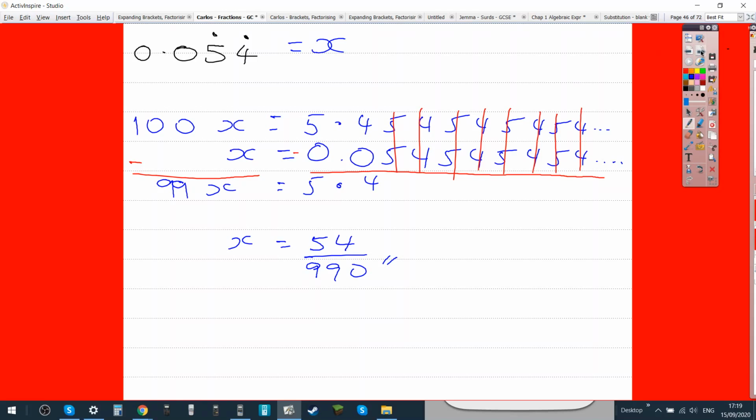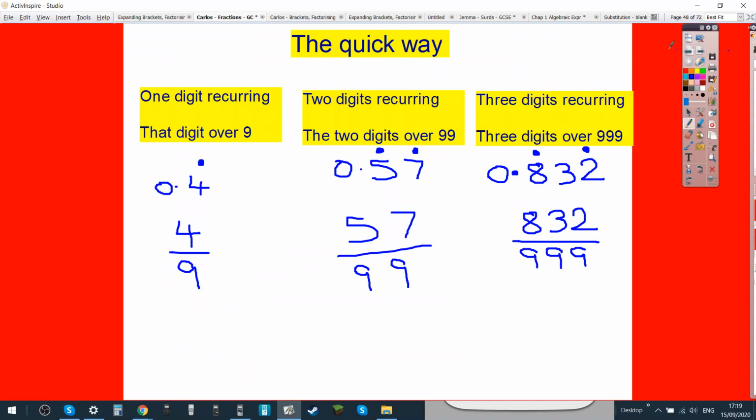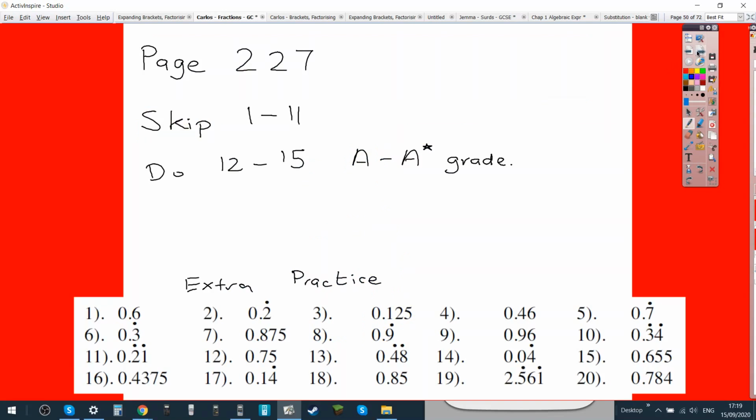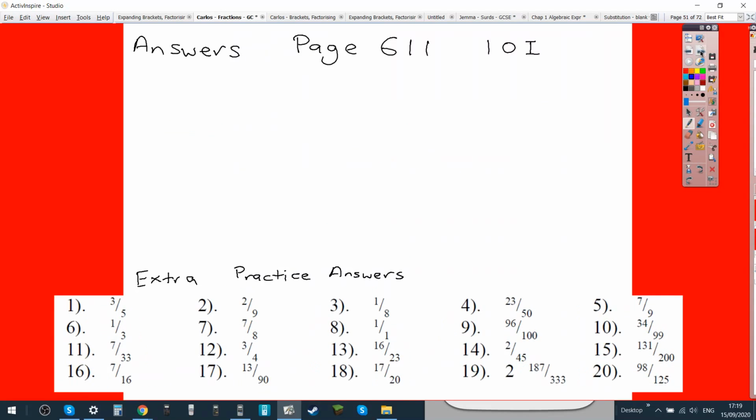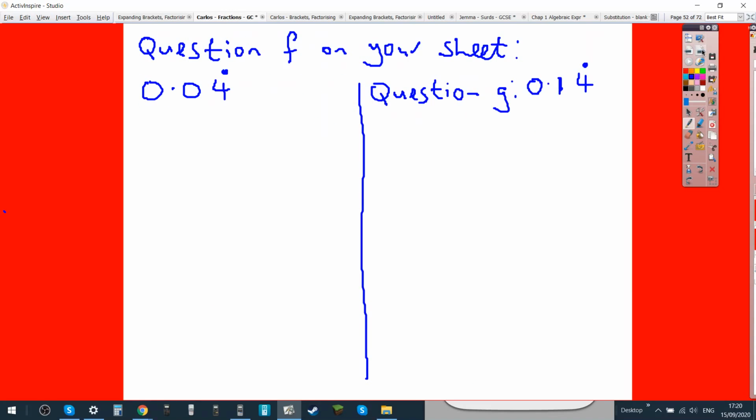Great. Any questions there? No. Alright. That one, 54 over 99, and it simplifies. So, one digit recurring, sure.